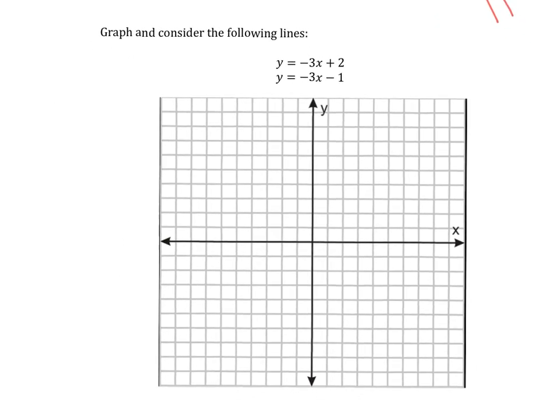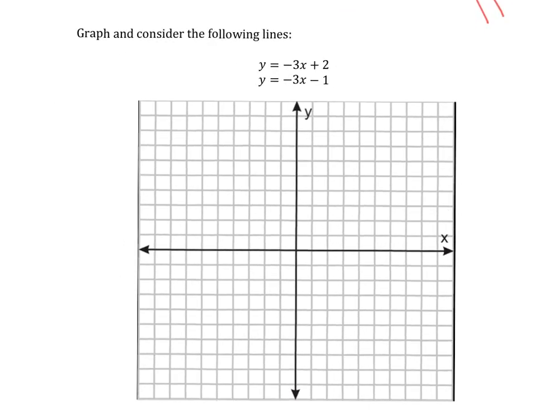These two lines here. Y equals negative 3x plus 2. I'm going to say this one's going to be in red. We'll do that one first. To graph a line, remember in slope-intercept form, this is our y-intercept, and this is our slope. Slope is our rise over run.